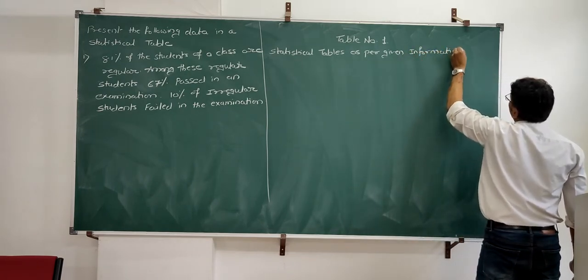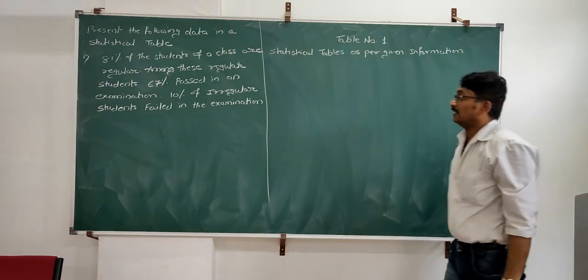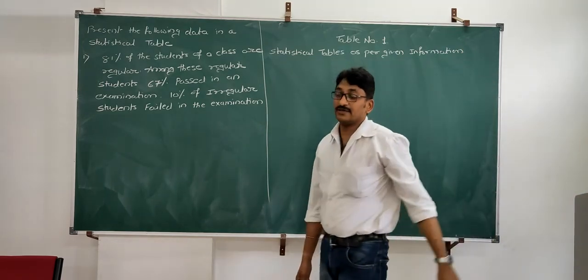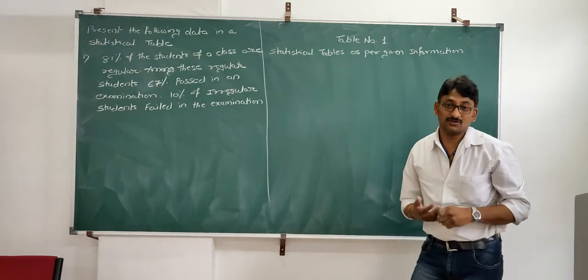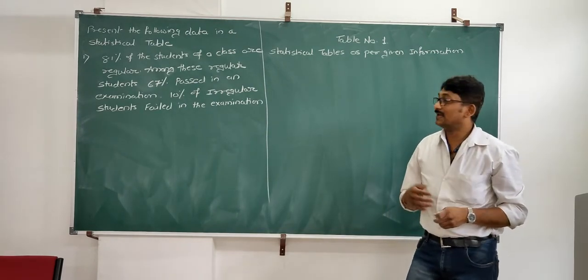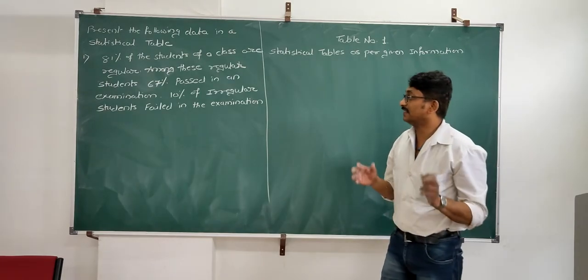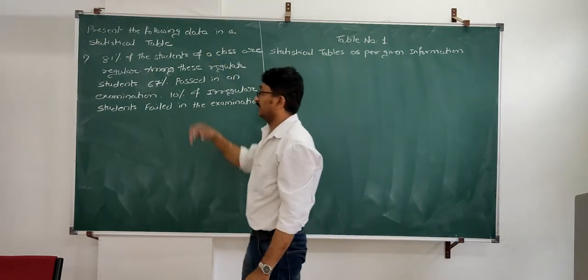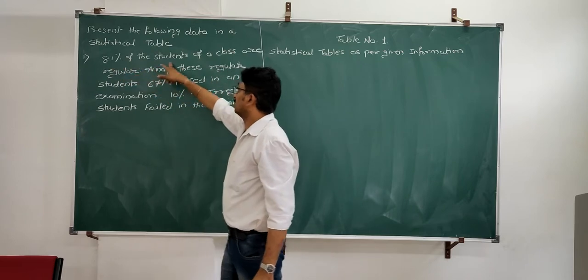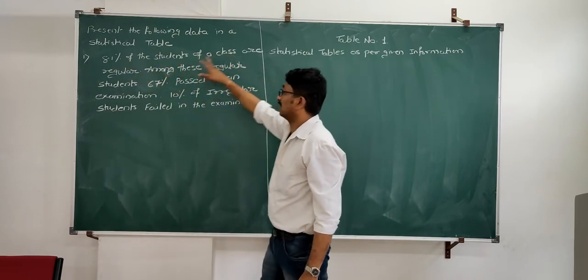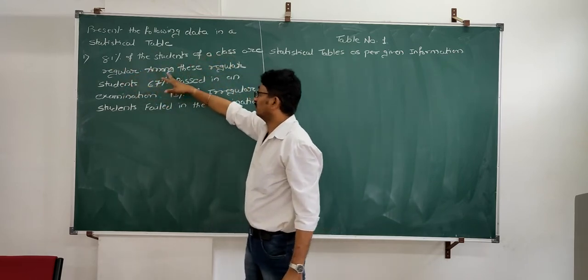Now in the previous problem the data were related to coffee habits, that is coffee drinkers, non-coffee drinkers. That we have to find out here, what we have to write here. Now read the information very clearly. 81% of the students of a class are regular. Full stop.